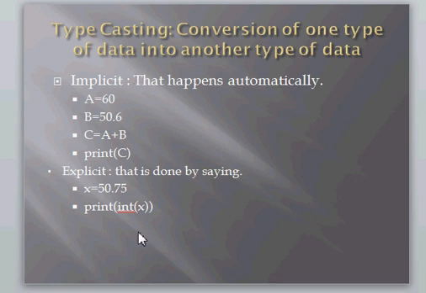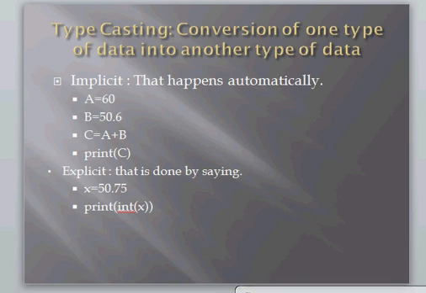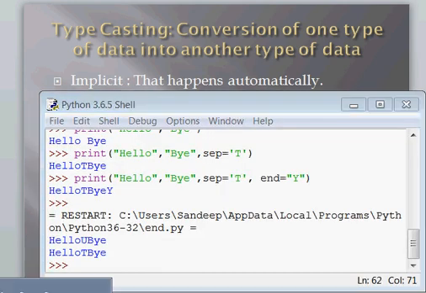But in explicit, you need to write something special in your code to convert it into another type. So I have given some examples here. We will see the example in the IDLE screen.